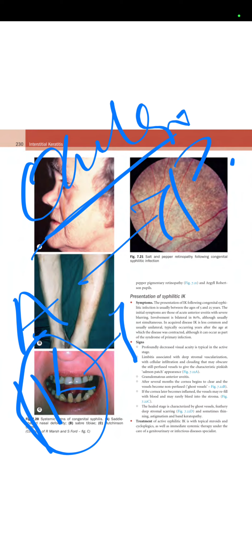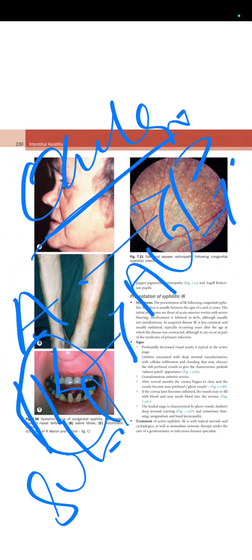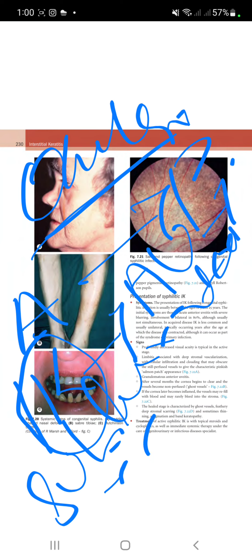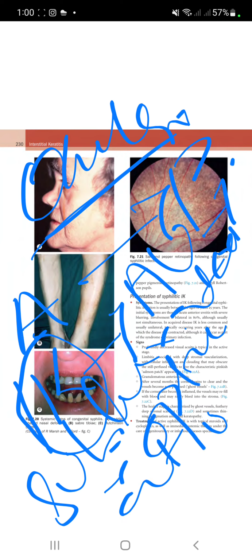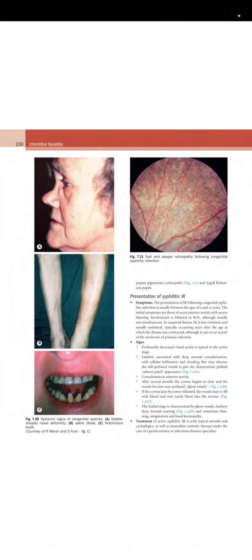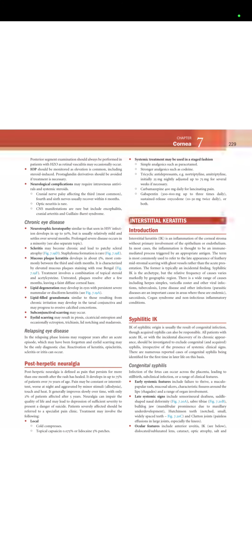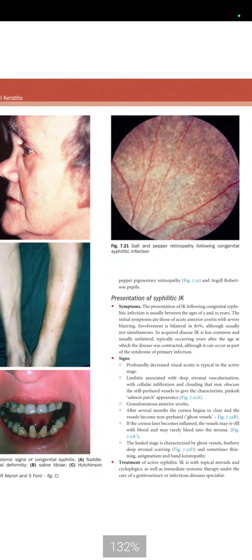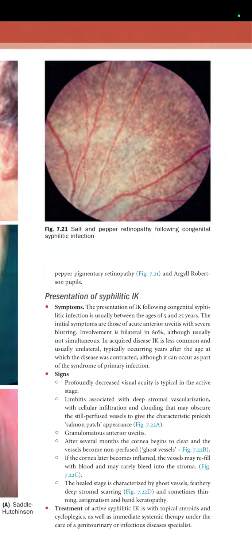When it goes internally, it causes anterior uveitis. When it goes further, it causes a subluxated lens. When it goes deeper, it can cause optic atrophy and salt and pepper pigmentary retinopathy, and in the pupils it causes the Argyll-Robertson pupil.